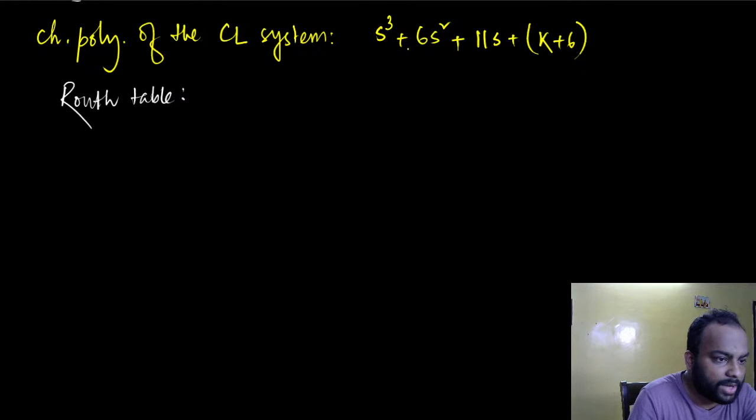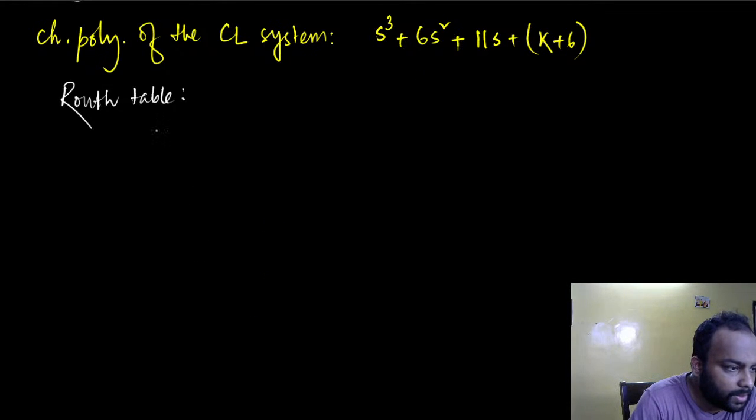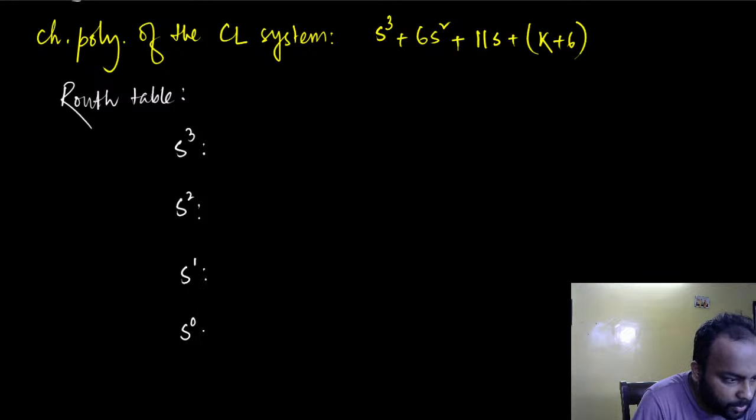All right, so let's construct the Routh table here. We have an s cubed row. This is kind of redundant, as we actually did construct the Routh table for this transfer function, this system. So we have the s squared row, the s to the power 1 row, and the s to the power 0 row.